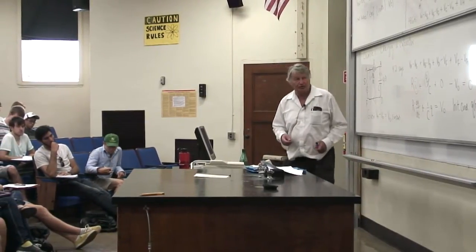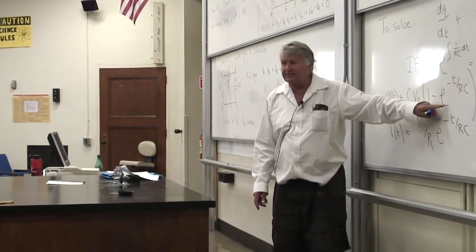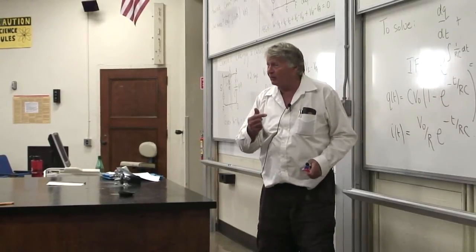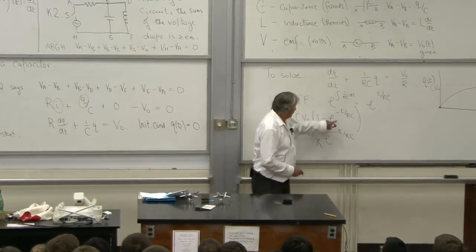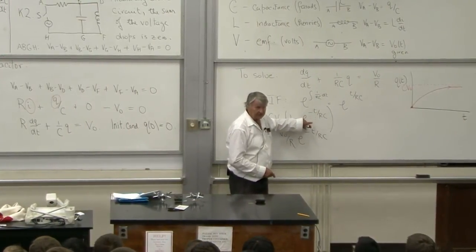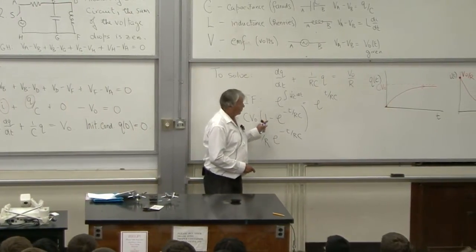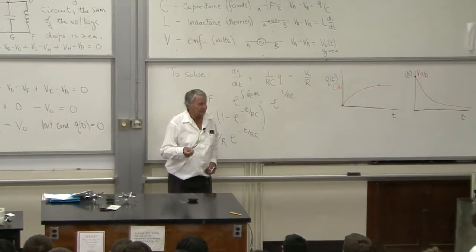The solution looks like CV0 times 1 minus e to the minus t over RC. Now, when I said before, take t small and then take t large, you told me when t was small, this was almost 1, because this is e to the 0. When t is large, this is 0, and so we move up here. But when I say small and large, I really have to say with respect to what?